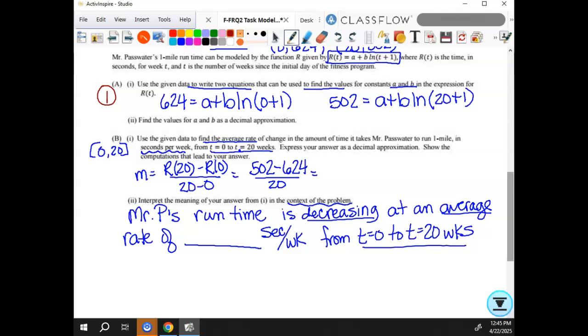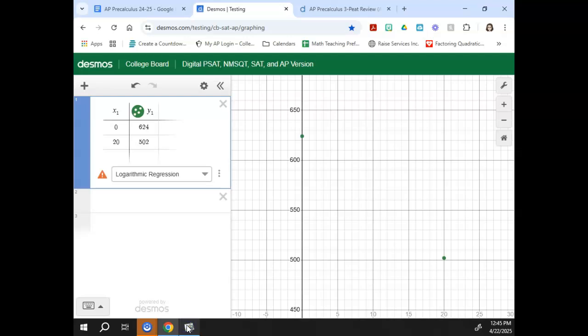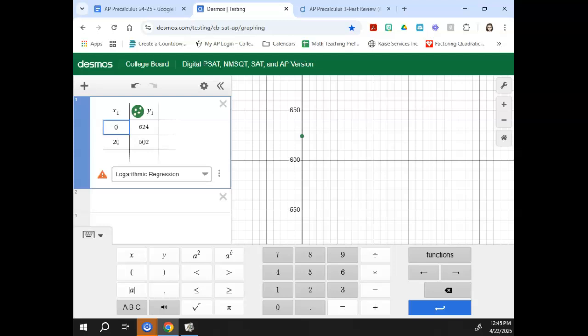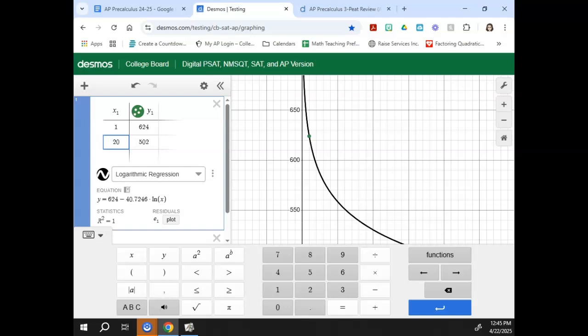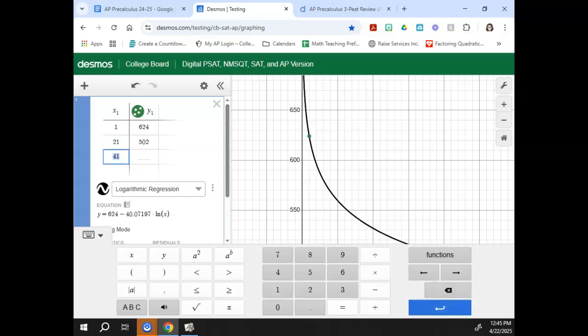In order for me to get something that's actually going to work, I need my input, the t, or in this case x, I need to actually go ahead and add the 1 to both of them. Okay, like so. Now, I hit enter after I did that with 21 and that 41 popped up.